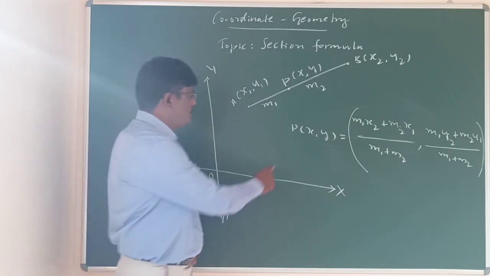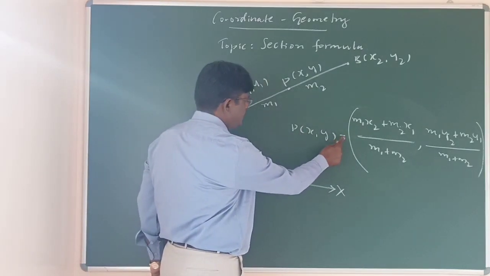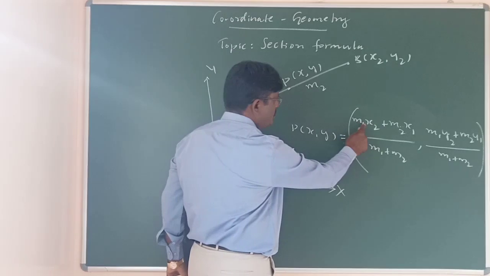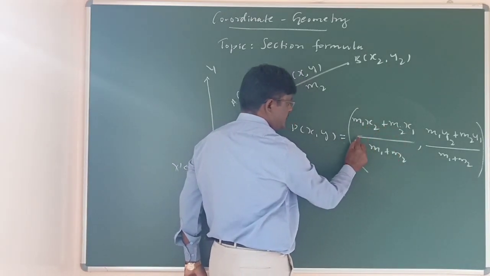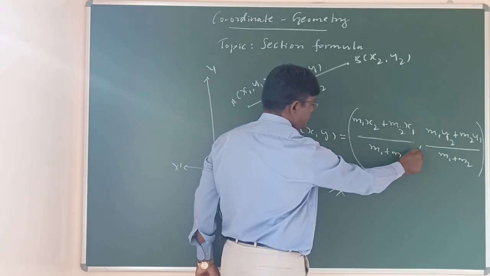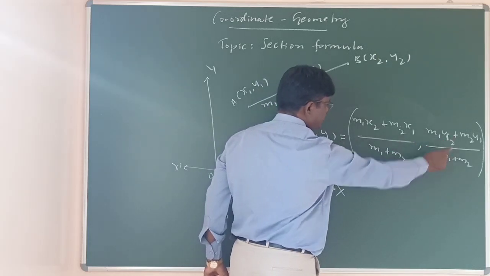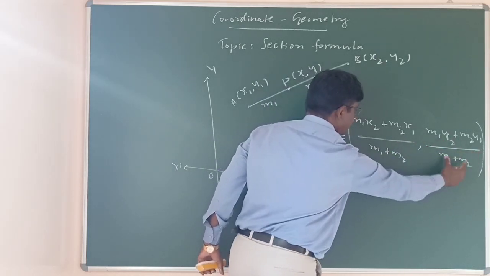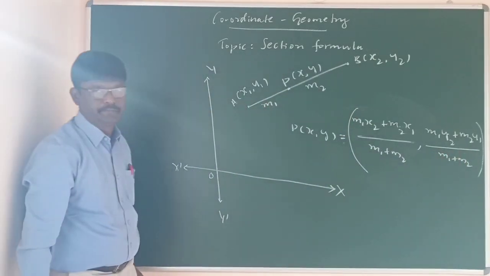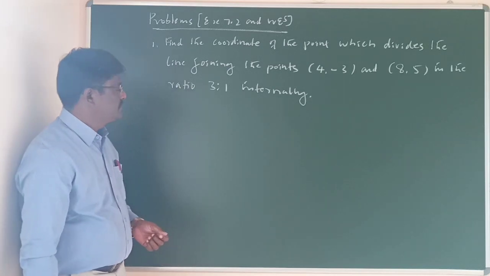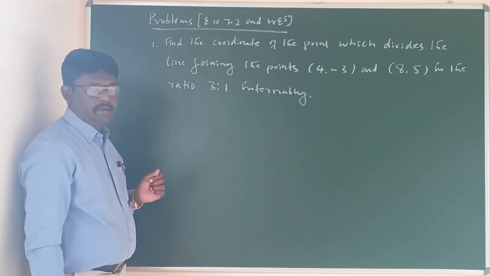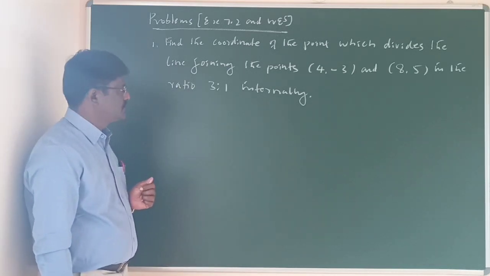How to read it? P(x, y) is equal to (m1 x2 plus m2 x1) divided by, keep in mind from this point to that point, put a comma, (m1 y2 plus m2 y1) divided by m1 plus m2. Okay children, so just now we have seen how to write the section formula.